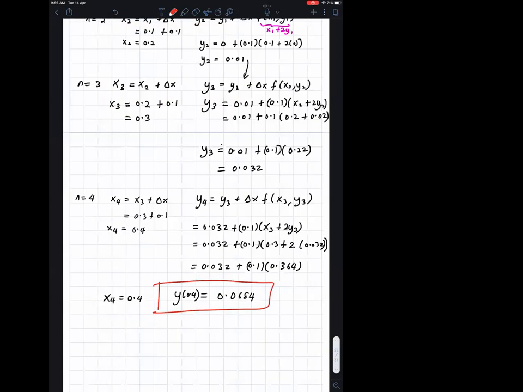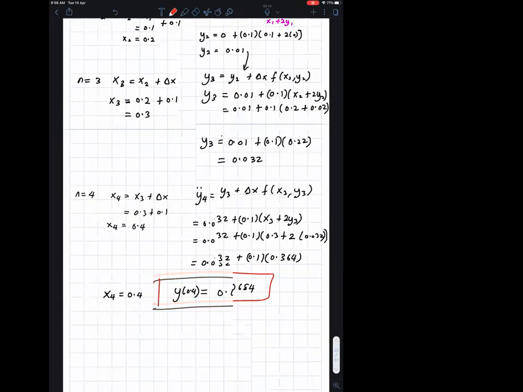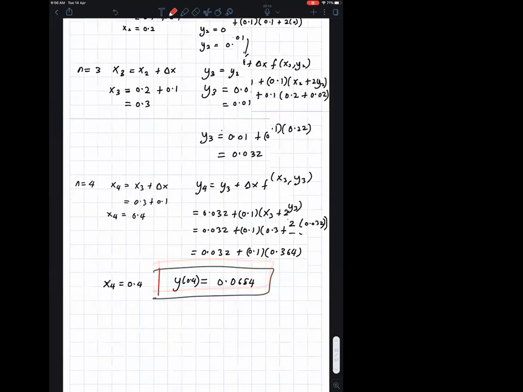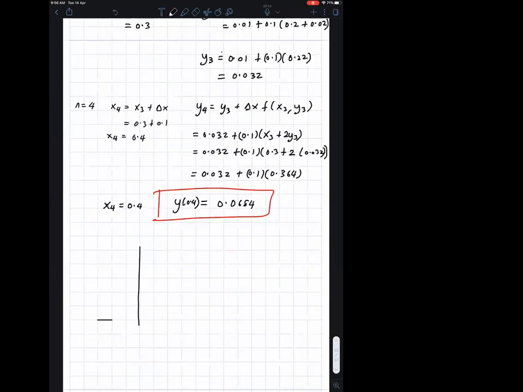Just to summarize what we have done here. Let's say we have an actual solution, hidden. We don't know what the solution is. So now we are using the numerical method.